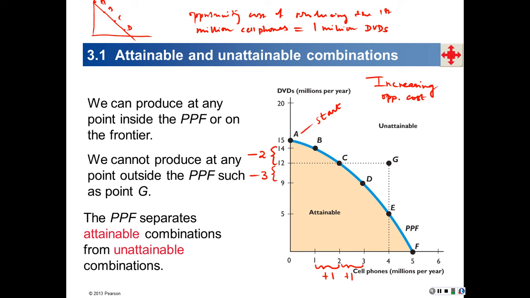Well, the answer is like this. The resources that we're talking about here are not alike. Now, to keep things simple, let me assume for simplicity that the only resource is labor. So this is a simplification, okay? So let's say that the only resource out here is labor. Labor is used to produce either DVDs or cell phones, right?